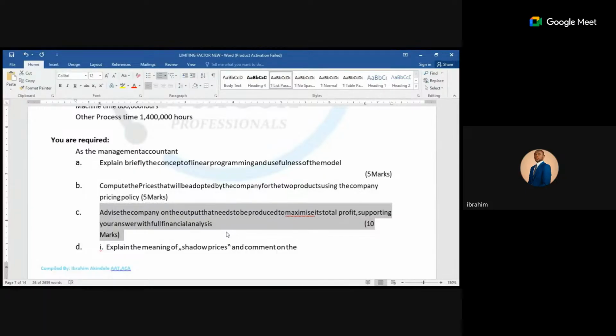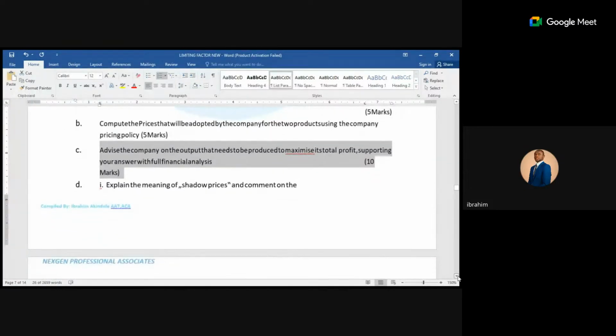Any English they want to use, it is still your production plan. Advise the company on the outputs that need to be produced to maximize its total profit, supporting your answer with full financial analysis, right? How you arrive at your outputs as well as your profits.